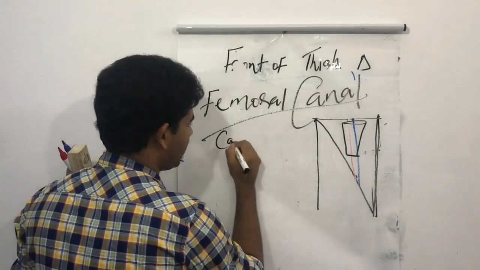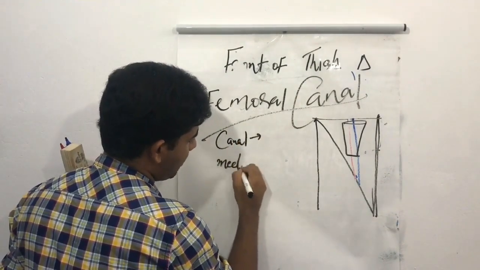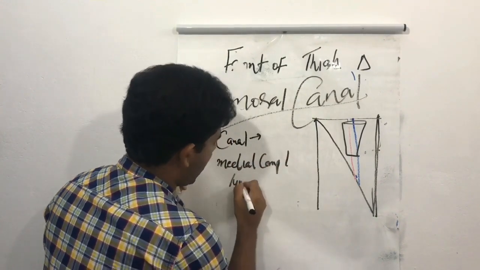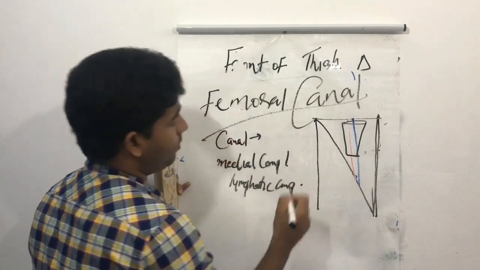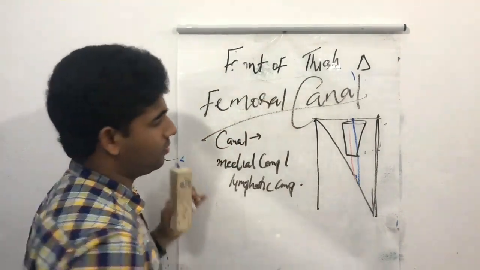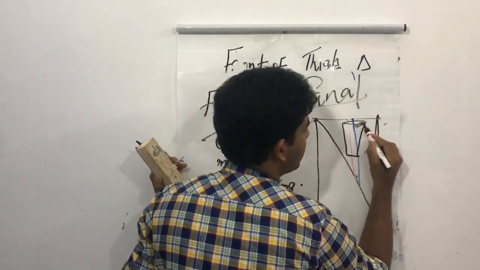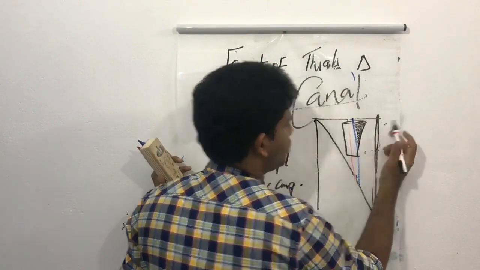Now what is the femoral canal? It is the medial compartment or lymphatic compartment of the femoral sheath. I have drawn it a bit larger for you to understand.